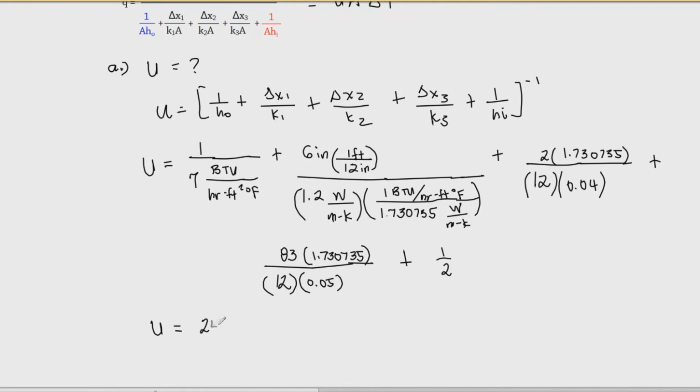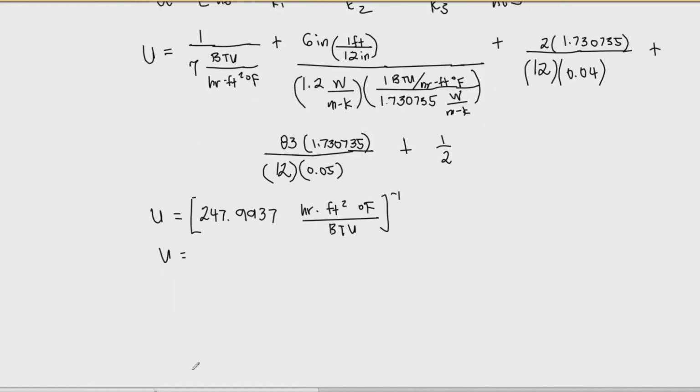So the answer here is 247.9937. This answer is actually the answer for this portion, but we need to take the reciprocal of it. By the way, the unit here would be R, feet squared degrees Fahrenheit per British thermal unit. We need to take the reciprocal of this value so that we will be able to get our overall heat transfer coefficient.